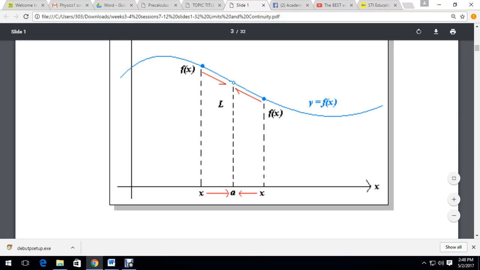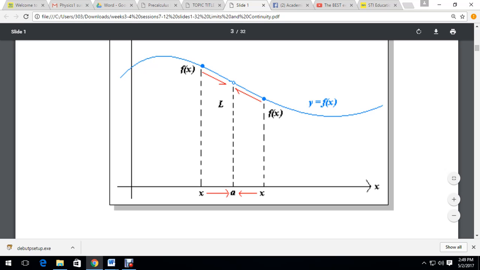Again, we have the value of L on the y-axis, and we could find L somewhere here. We could find the value of f of x on the y-axis at this point, and we can find the lower value at this point, lower than L. These two points above and below L are also defined by this open interval, as we have defined before in terms of the distance of delta from a above and below.